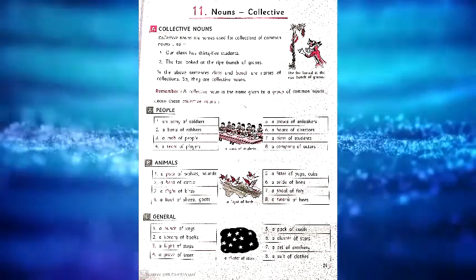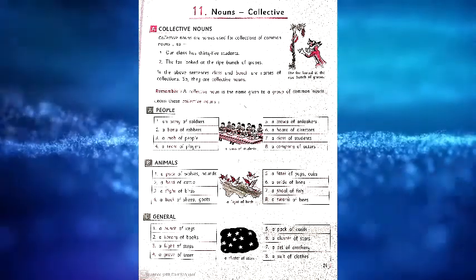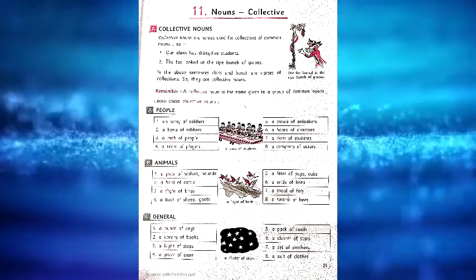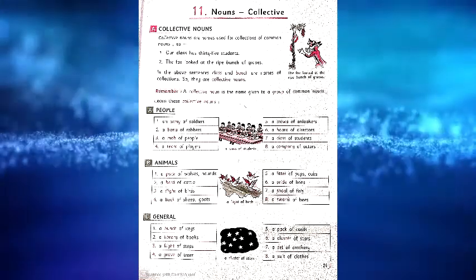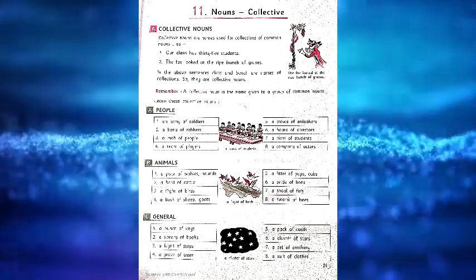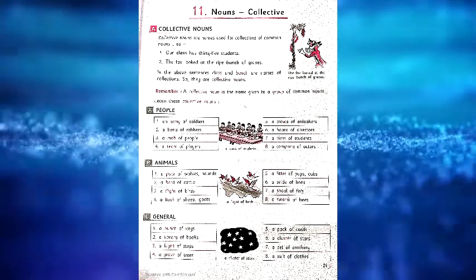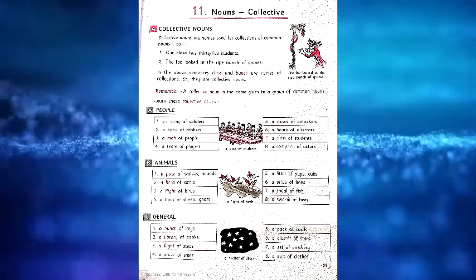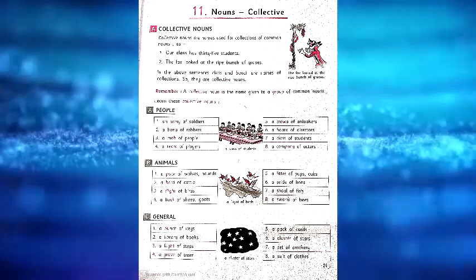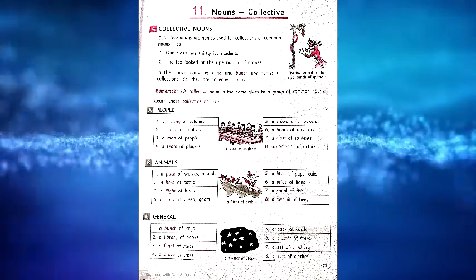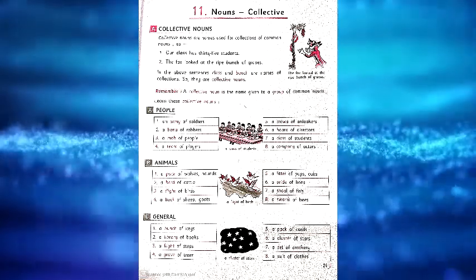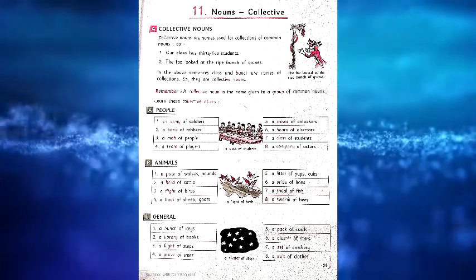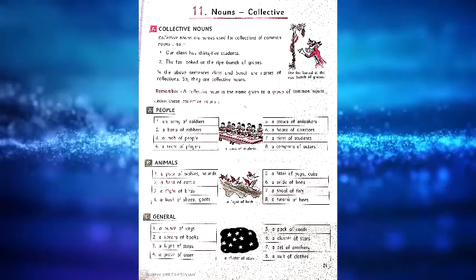So a collection of grapes is considered as a bunch. So the ripe bunch of grapes is considered as a collection. So bunch is a collective noun, grapes is a common noun. So that's also considered as a collective noun, bunch.